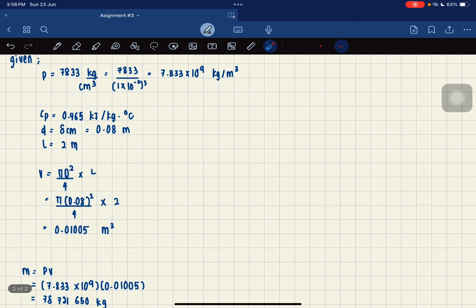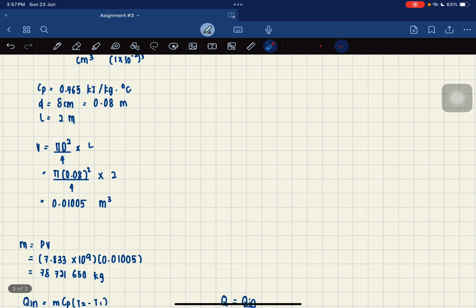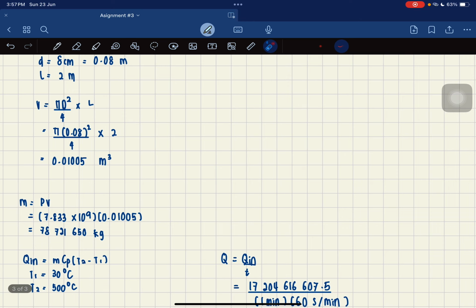And Cp is 0.465 kilojoule per kg. The diameter we have to change to meter, since we calculate this question in meters, and we use the formula V equals pi d squared over 4 times L. We substitute the values into the formula, and we get 0.01005 meter cubed.